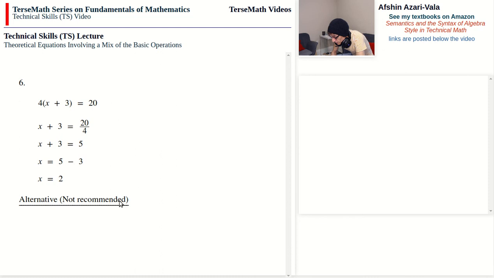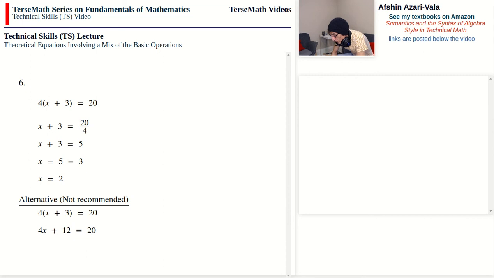The alternative, at least for this problem, is to multiply 4 into the bracket. And of course, if you want to quadruple a sum, you can quadruple each of the terms and then add them. So 4 has to multiply both x and also 3. Right. So 4 times x becomes 4x, and 4 times plus 3 becomes plus 12.